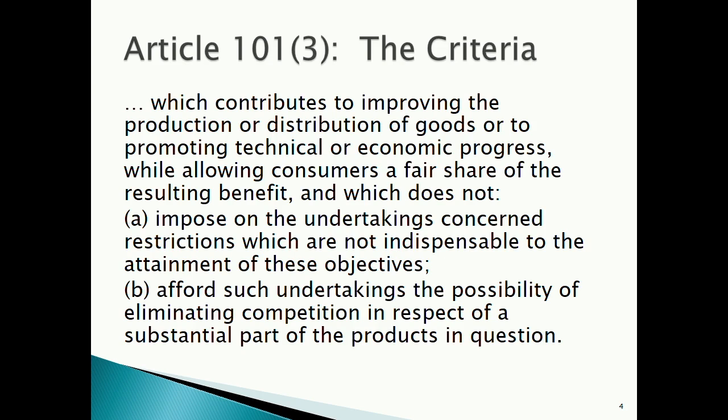In other words, there's some sort of pro-competitive efficiencies in the production process, tending to make it cheaper or better, the distribution process, technical or efficiency process, and which does not, while allowing consumers a fair share of the resulting benefit.